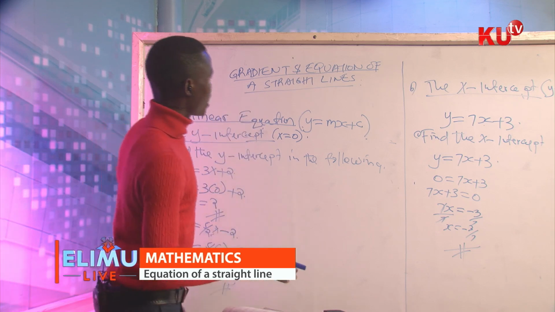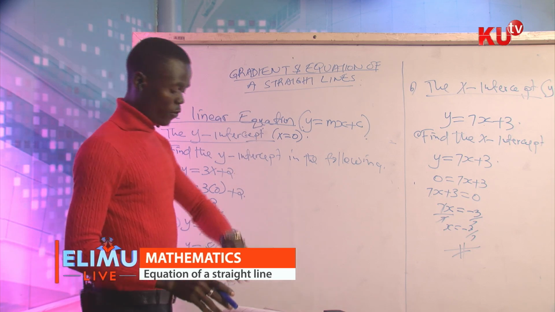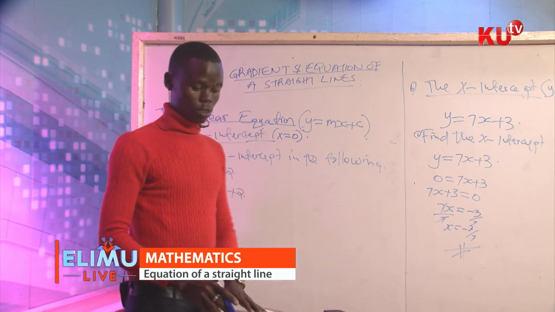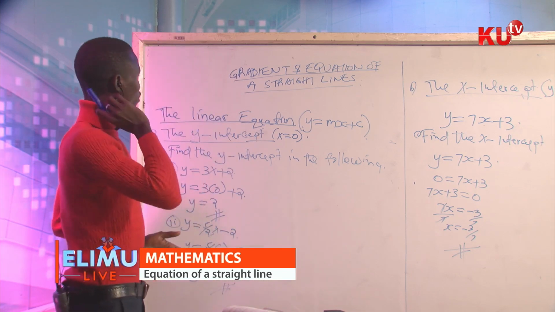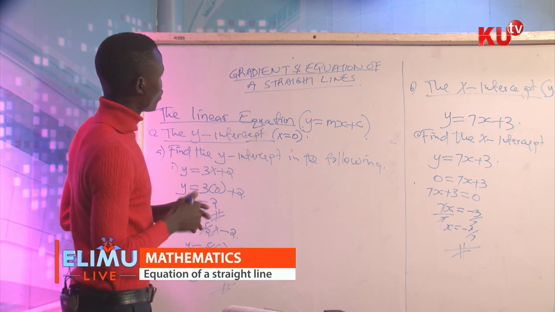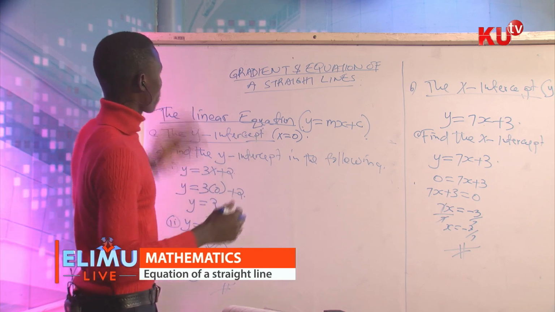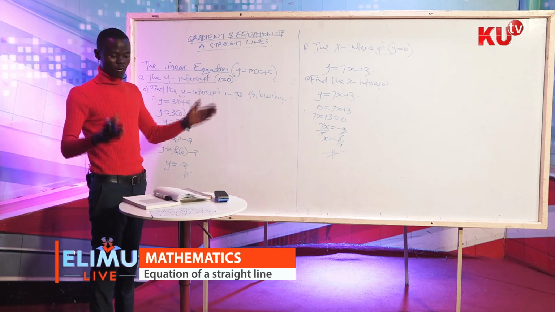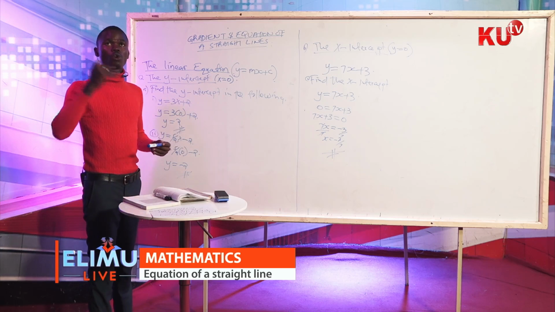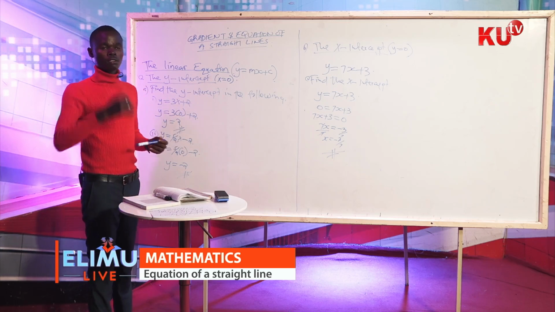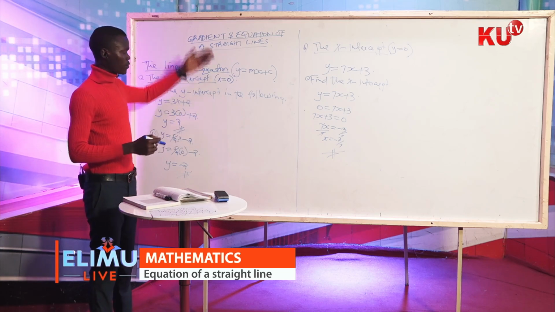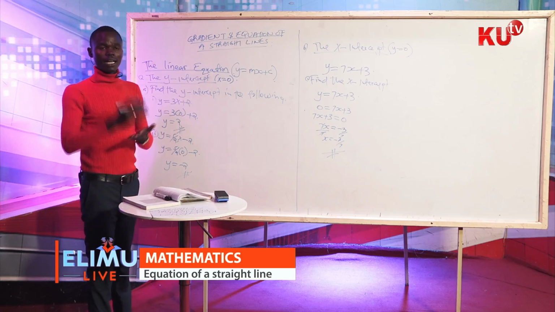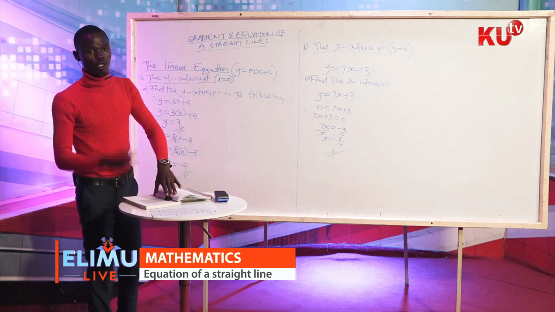Now, said and done, I want to finalize. We were doing gradient and equation of a straight line. First, we saw how to find the gradient of a line in our previous lesson, and we said the gradient of a line is gotten in two ways.